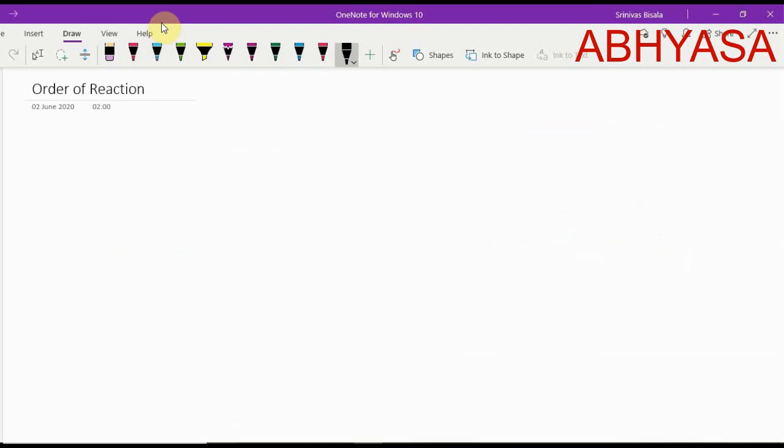Now let's go to a very important point where there is a high chance of getting this definition in your board examination, that is called pseudo first order reaction. Pseudo means false. So what are pseudo first order reactions?